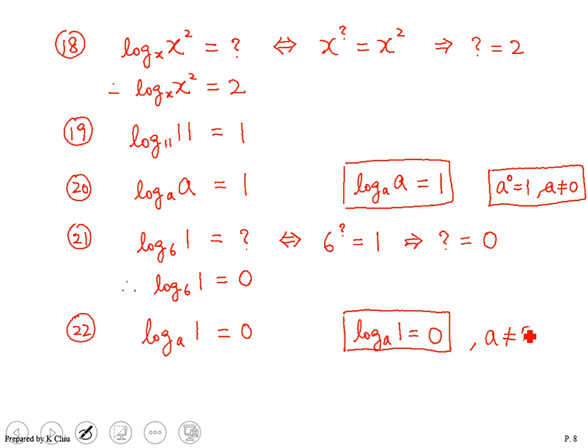All right, now let's turn to the next page. Take a look at 2 special kinds of log. We have the common log, which has base 10.